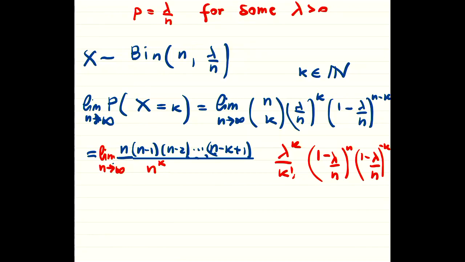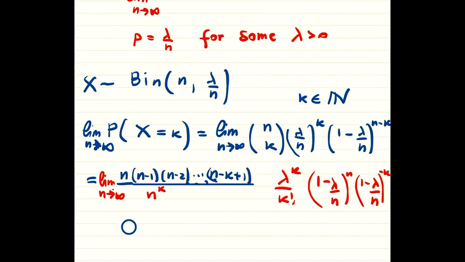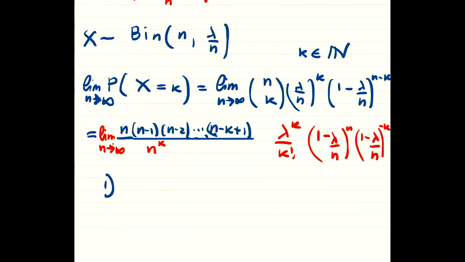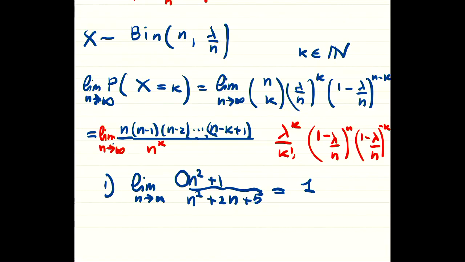If you have this polynomial here, we have to cook this limit. Let me give you the ingredients. The limit as n goes to infinity of n squared plus 1 divided by n squared plus 2n plus 5 is equal to 1, because what you do is look at the leading term here, which is 1, divided by the leading term here, which is also 1.